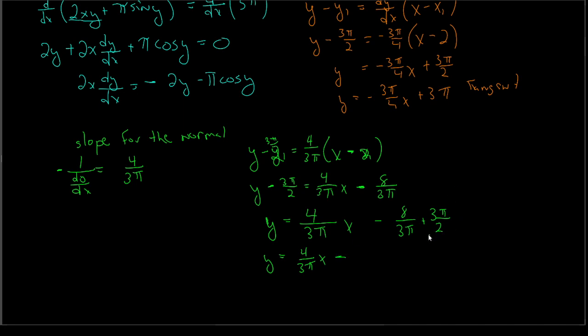And so this needs a 2, so I'm going to get 16. Let me fix my signs here. Plus, it's going to be 2 times 8, so negative 16. And then 3π times 3π, or 9π squared over 6π.